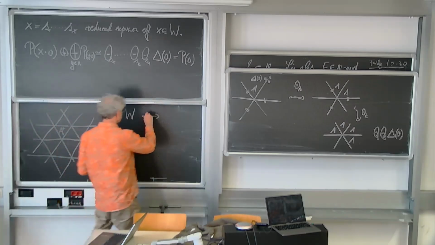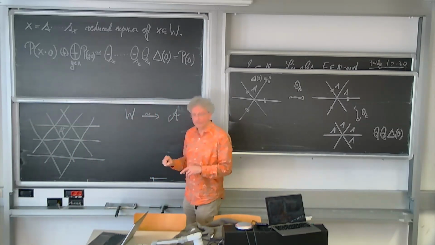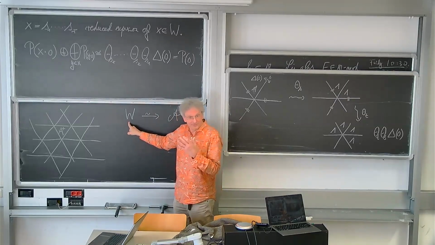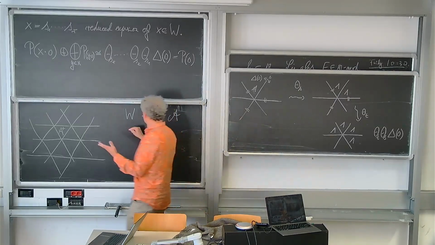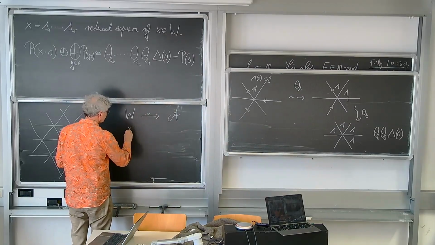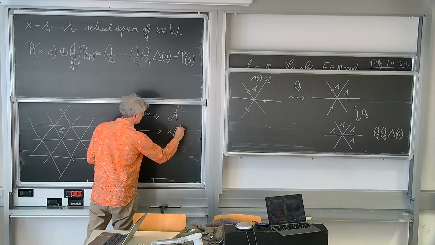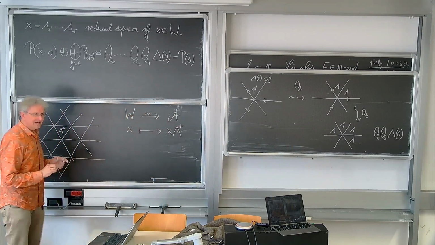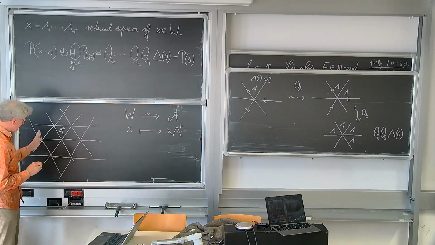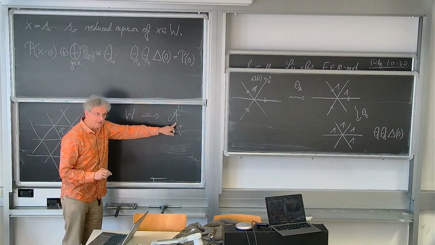So it is bijective to the set of alcoves: fix any alcove A plus and map an element X to the image alpha of X applied to A plus. In this way, we have a bijection from this group to the set of alcoves.